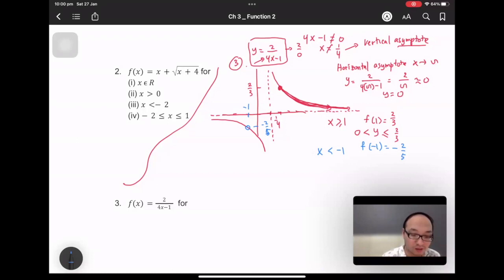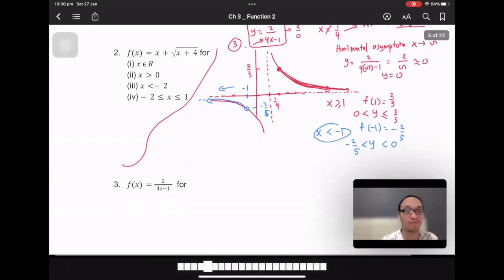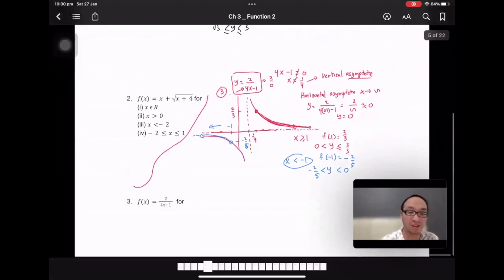And it goes up, because the domain goes left. So the range will be, the maximum will be 0, because it will never touch 0. And the minimum will be negative 2 over 5 exclusive, because x is exclusive here. That's for the reciprocal.